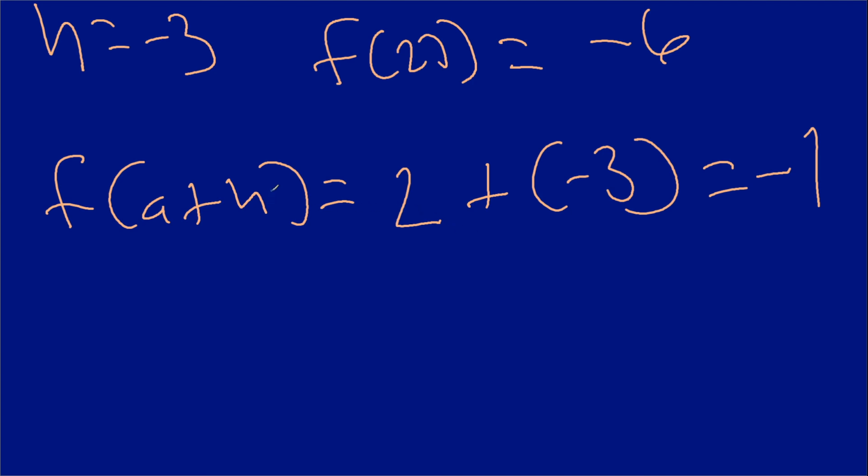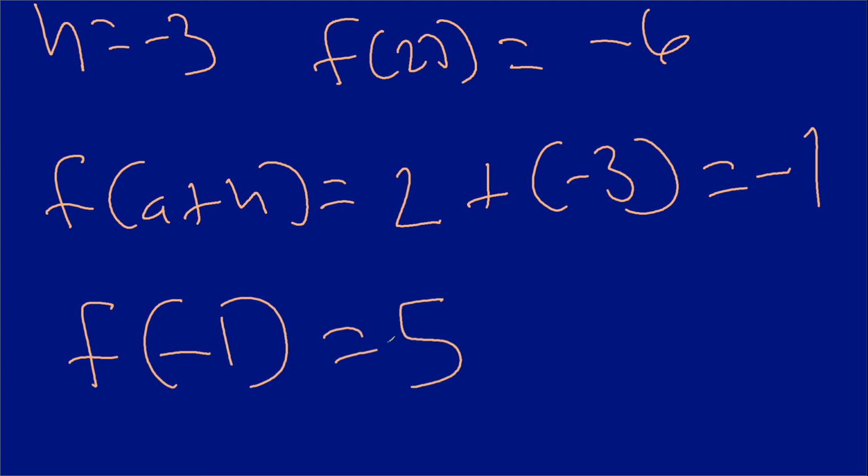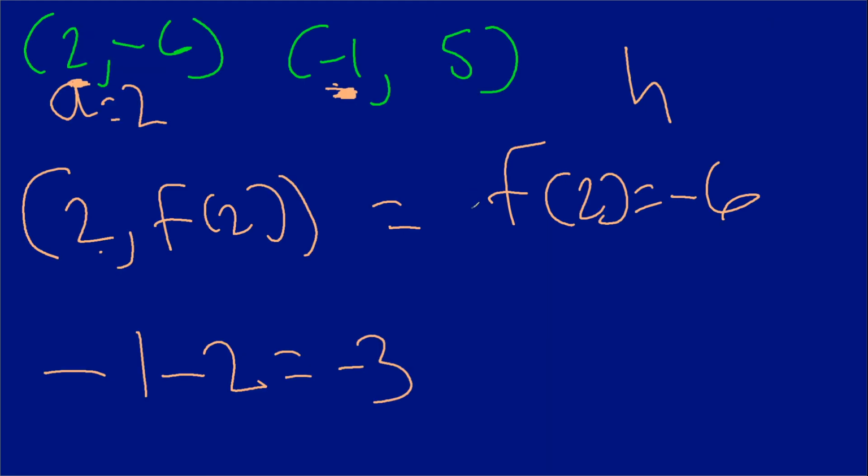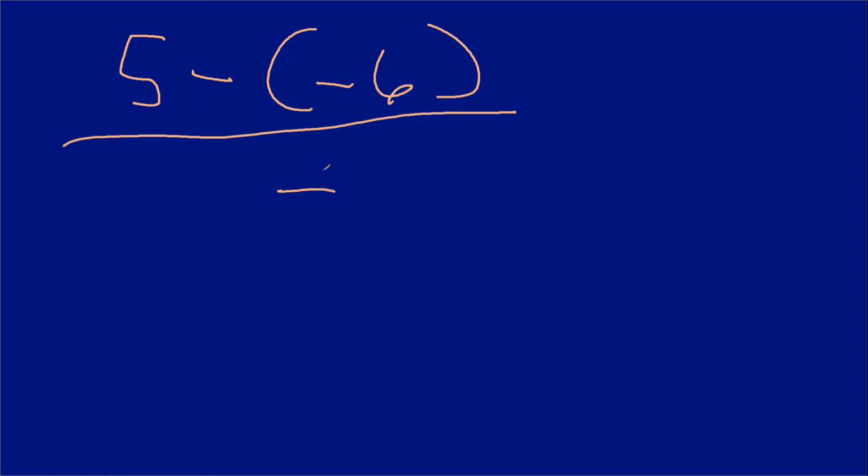Now, we know a plus h is -1. So going with that same thought, f of -1 is going to equal 5, because remember, that is what we have right here. Our y value, so when x is -1, our y value is 5. That should be obvious by now. And so when we finally plug everything in, we get 5 minus -6, all over -3.